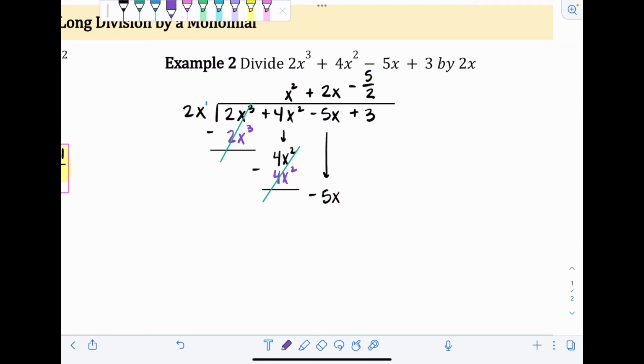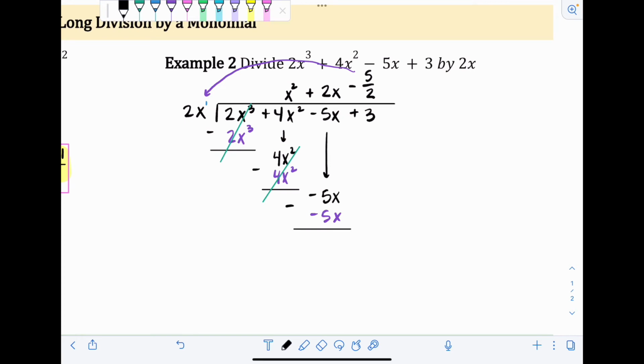Okay, and then I got a new term up top there, so I'm going to take that term and multiply it back through. Negative 5 halves times 2x is negative 5x. Notice that x got multiplied back in. And then here I'm subtracting that lower line.